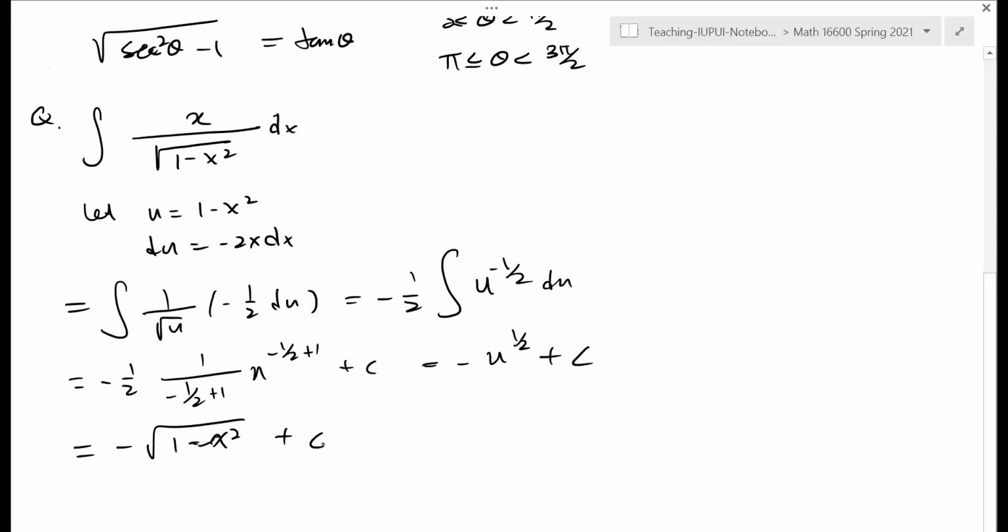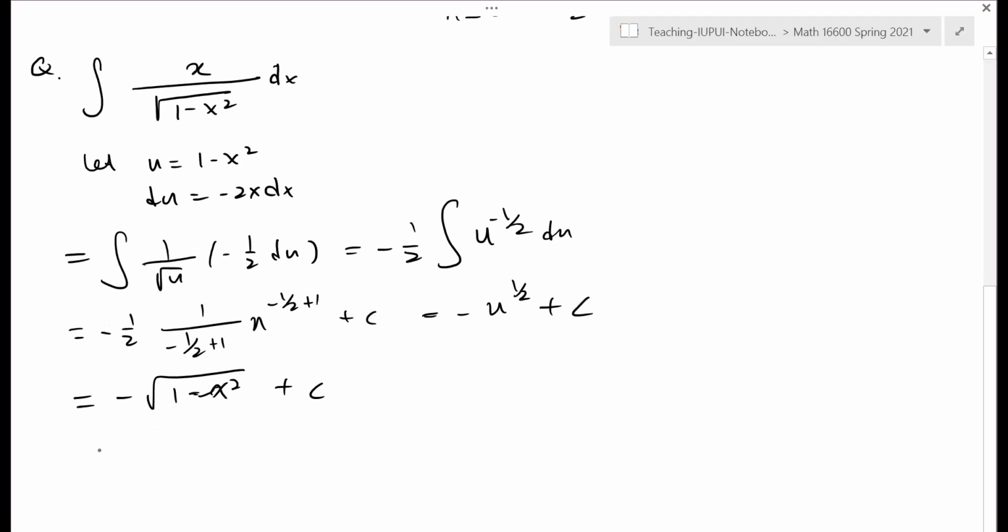So we can solve this problem without using any other special substitution. Now we can try another substitution, because I know 1 minus sine squared theta can be cosine squared theta.